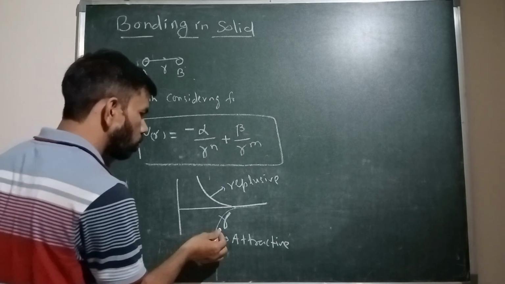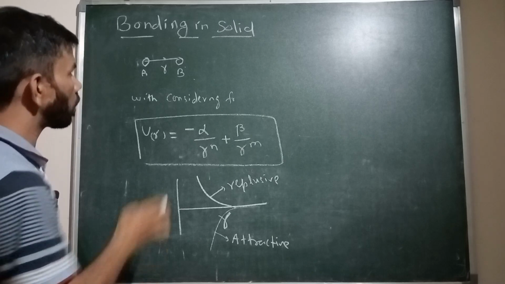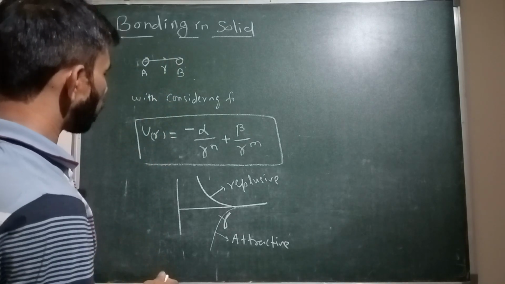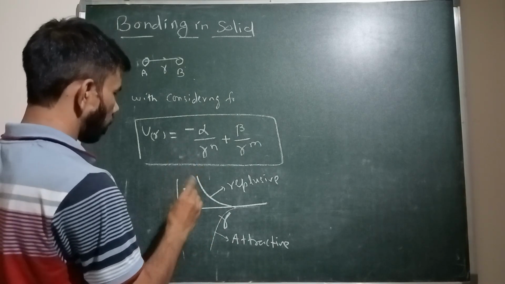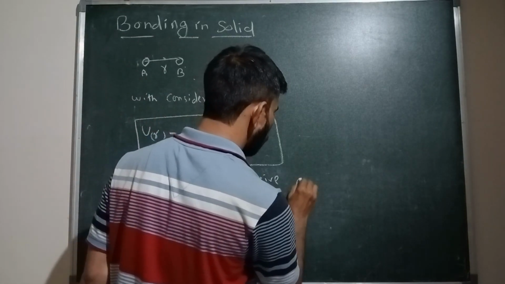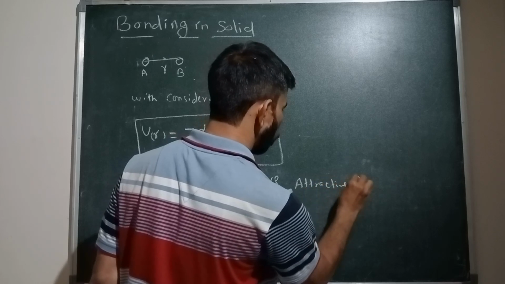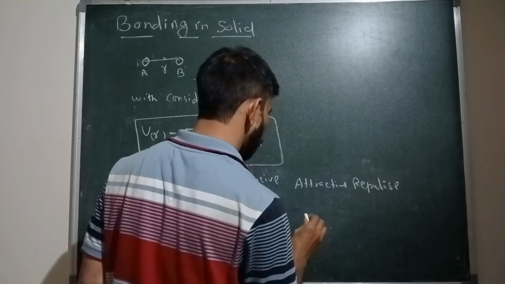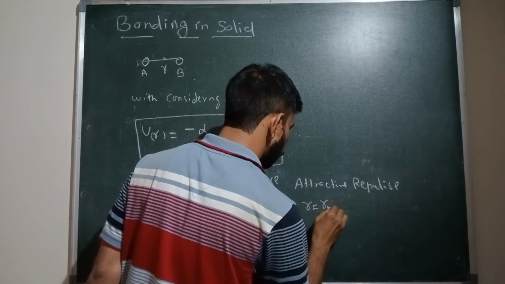This curved line shows the nature of the attractive force between the two atoms. So now we have seen the equilibrium position. At equilibrium position, what is the attractive and repulsive force? The equilibrium position is R equals R naught.